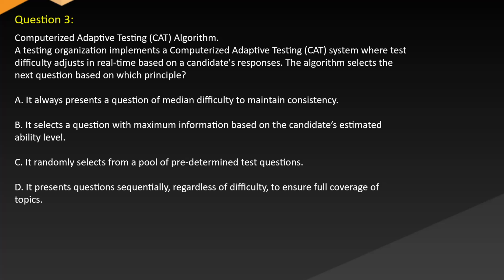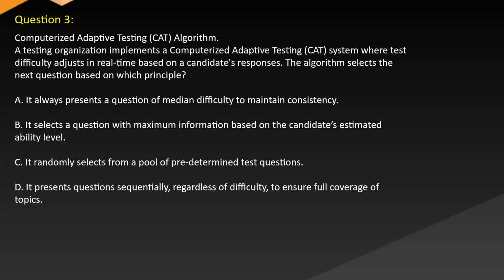Question 3. Computerized adaptive testing CAT algorithm. A testing organization implements a computerized adaptive testing CAT system where test difficulty adjusts in real time based on a candidate's responses. The algorithm selects the next question based on which principle? A. It always presents a question of median difficulty to maintain consistency.